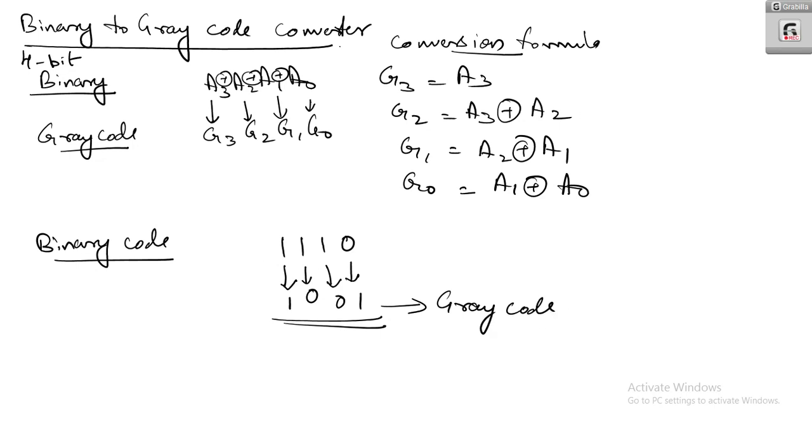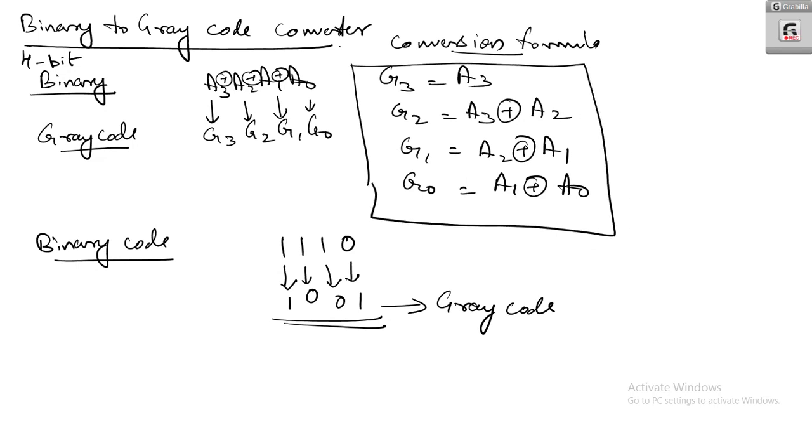Now we need to form a logic circuit for these expressions. Here it is a binary to gray code converter. For the binary to gray code converter, what should be the input? The inputs are the bits of the binary code, that is A3, A2, A1 and A0. Now, what are the outputs?